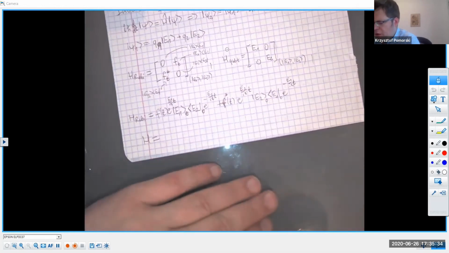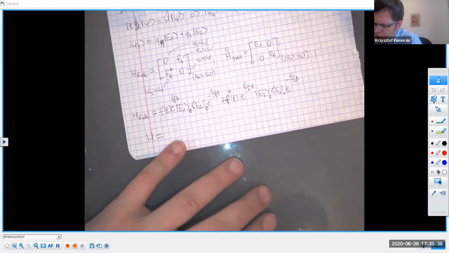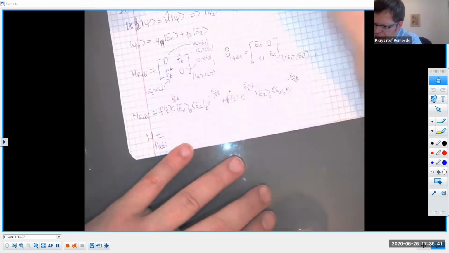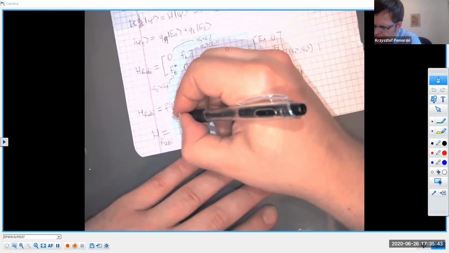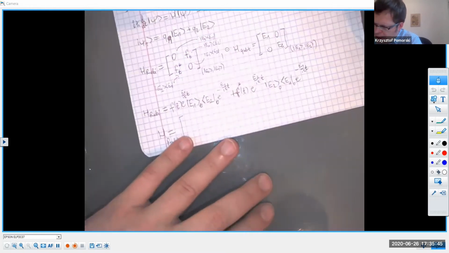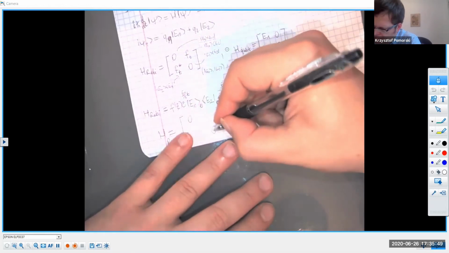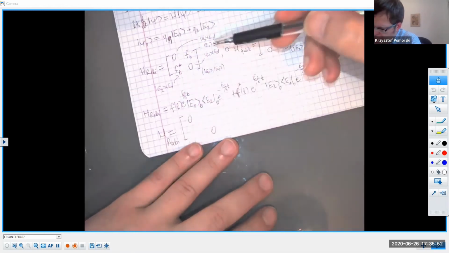So doing so, you can write your Rabi term in the following way, and then you have zeros, and then you remember about this guy.